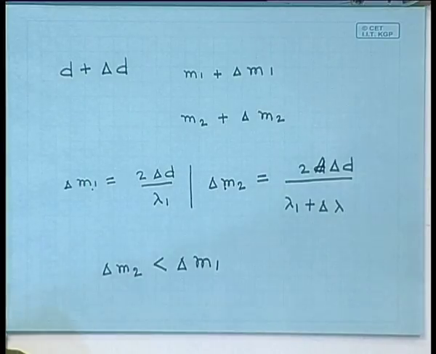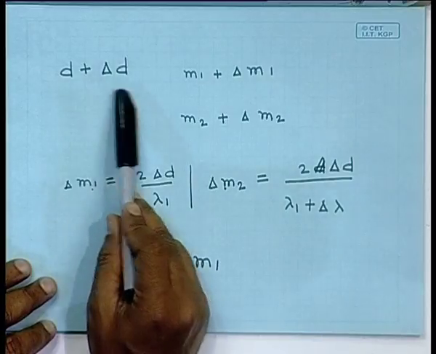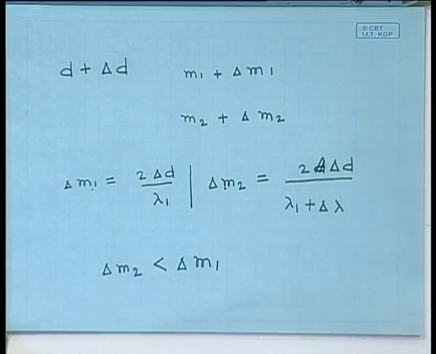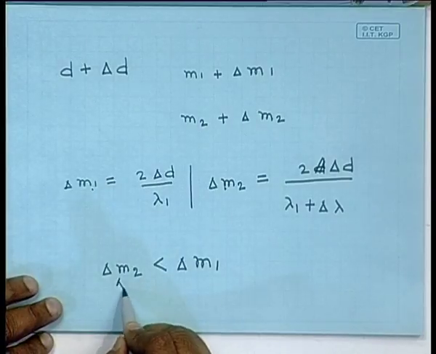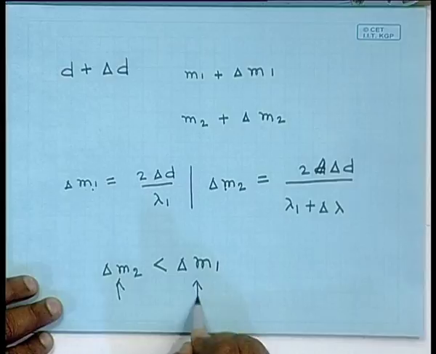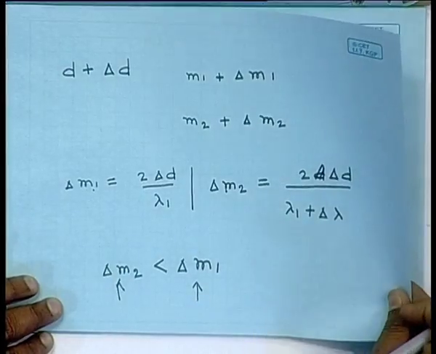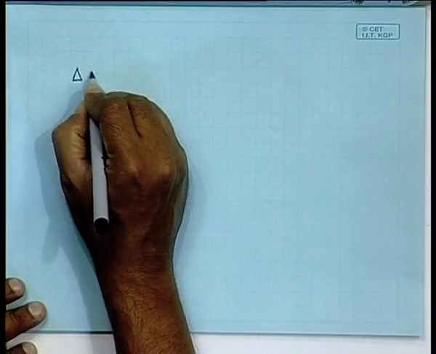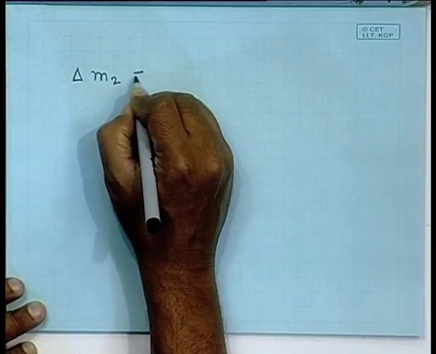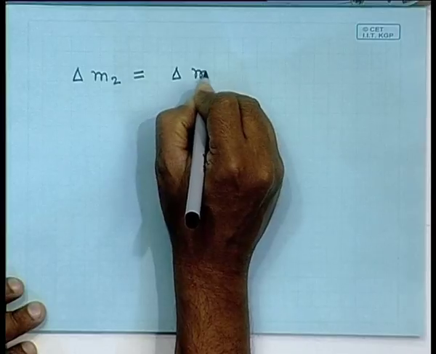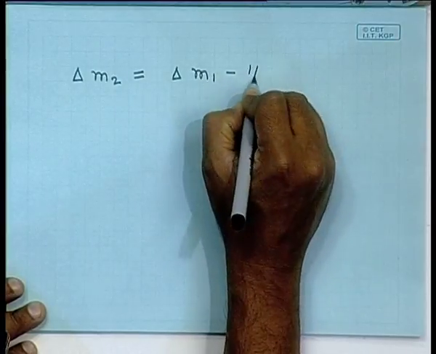Now, suppose I keep on increasing delta d, so that the difference between these two is such that delta m2 is equal to delta m1 minus half.